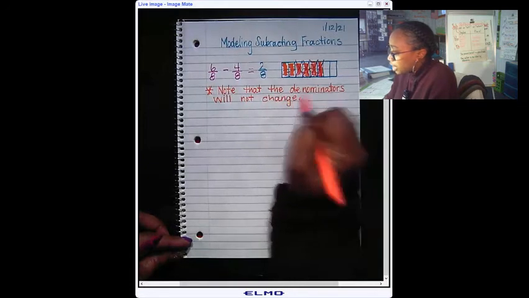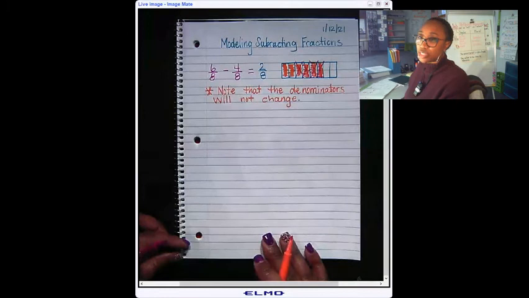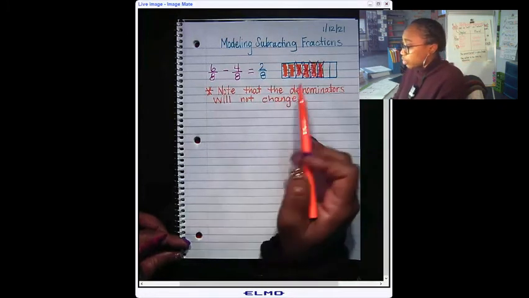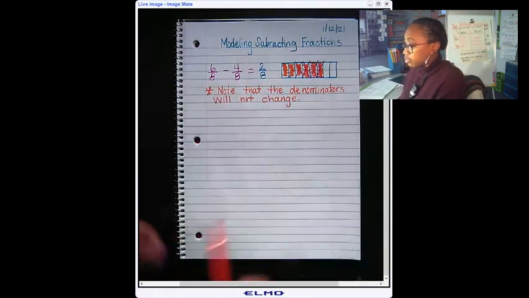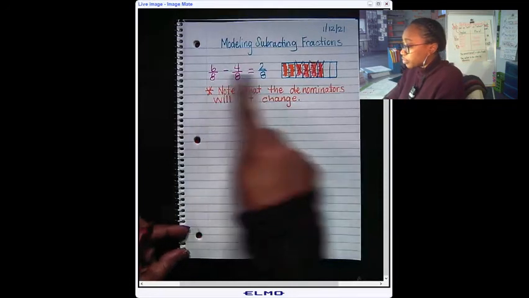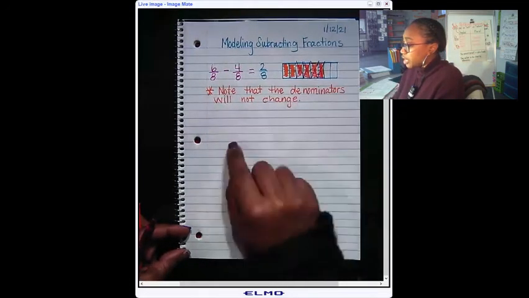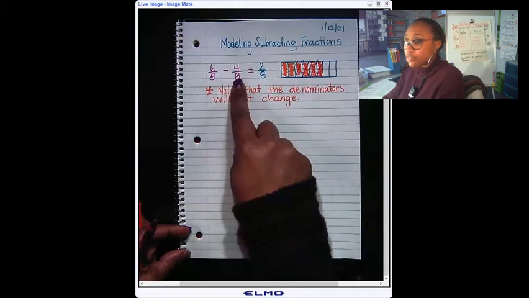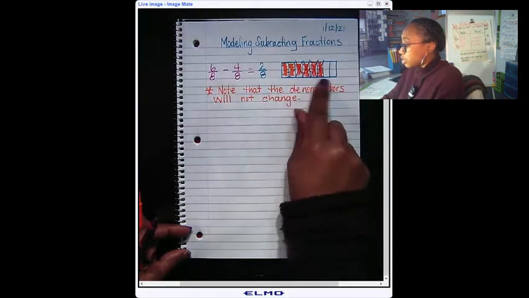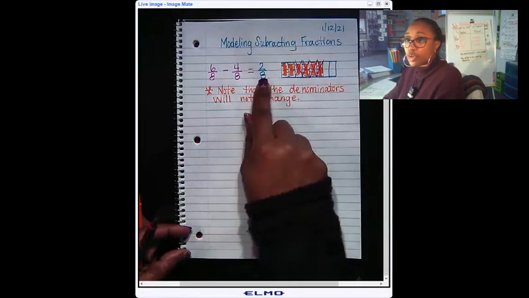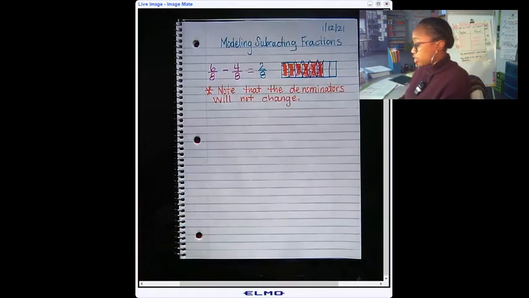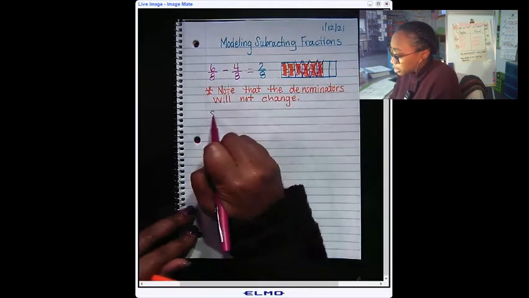The denominators will not change. Okay, so you are going to represent the first fraction with a model. Then you are going to cross off the second fraction. And then what's left over will be your answer. Okay, those are your steps.